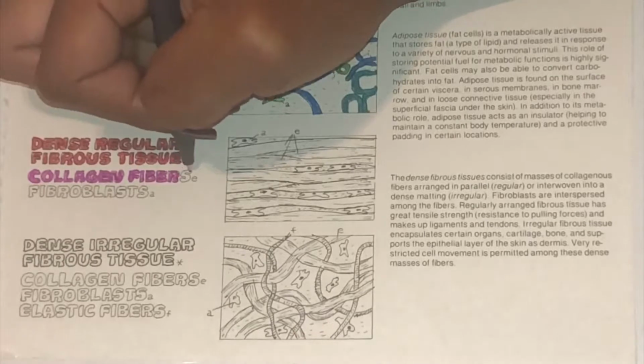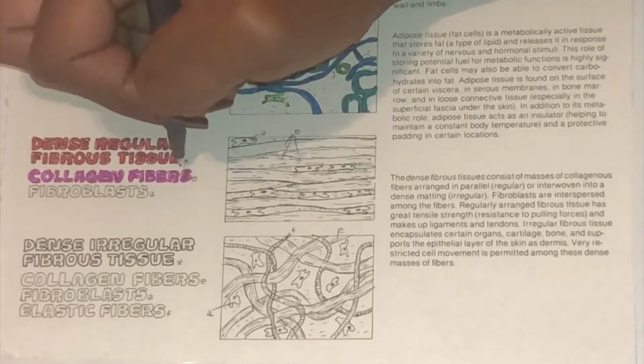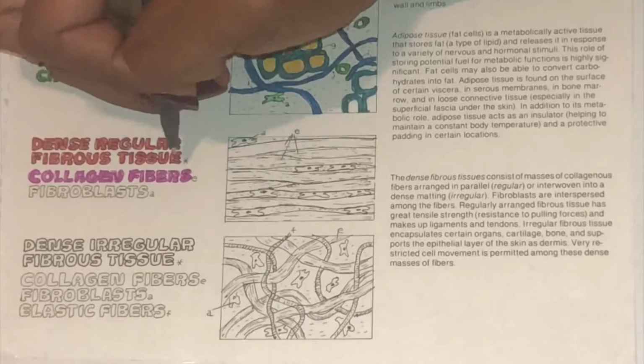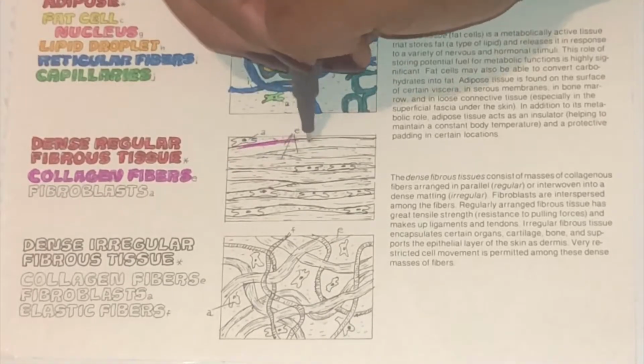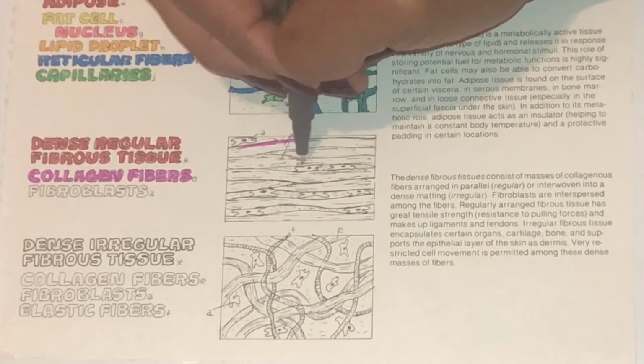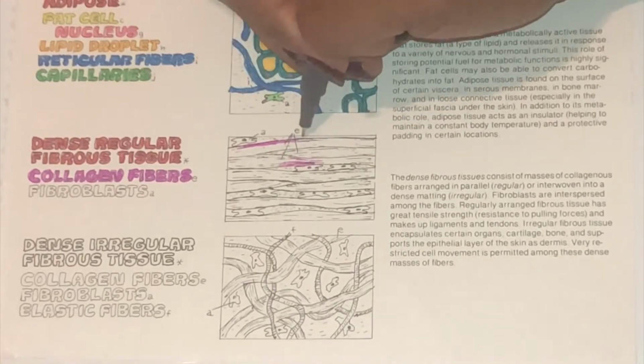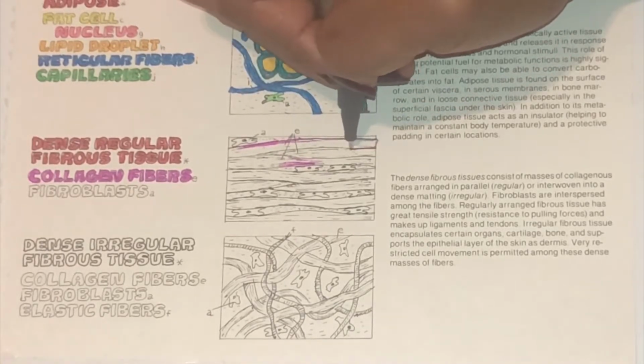Fibroblasts are interspersed among the fibers. Regularly arranged fibrous tissue has great tensile strength, resistance to pulling forces, and makes up ligaments and tendons.